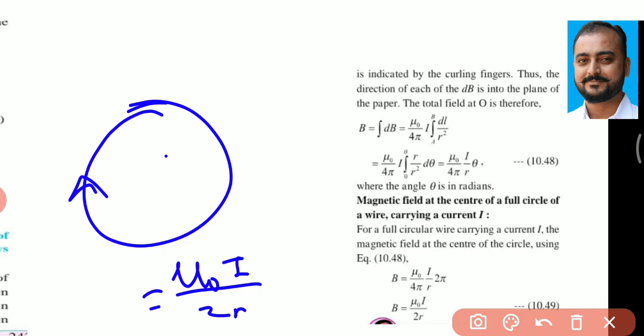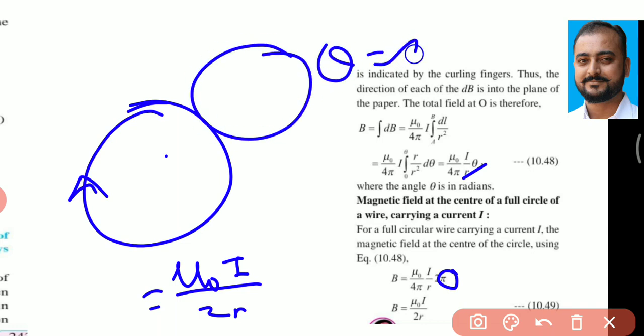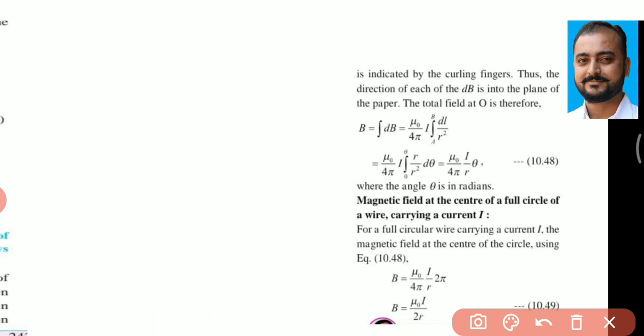The modification in this formula is that you substitute theta in radians, and for a whole circle the value of theta is 2 pi. As you substitute 2 pi, this 2 pi gets cancelled, and only mu 0 I divided by 2 times r remains.